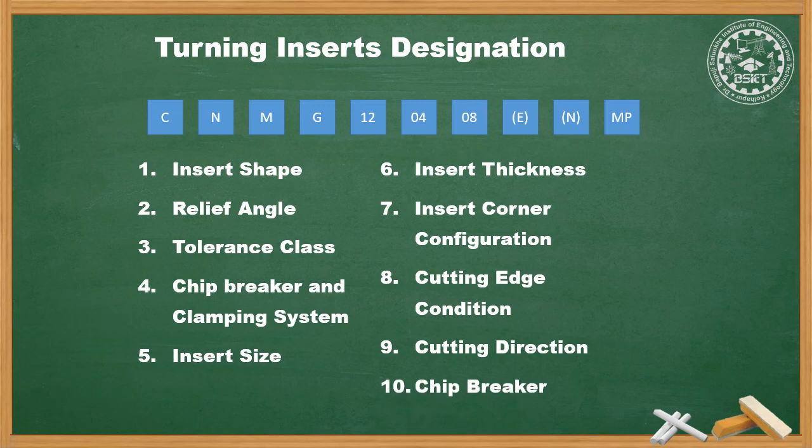Chip breaker system also has different types of chip breakers. This is the usual turning inserts designation which you have to write if asked in the examination. This whole code of 10 things and these 10 points.